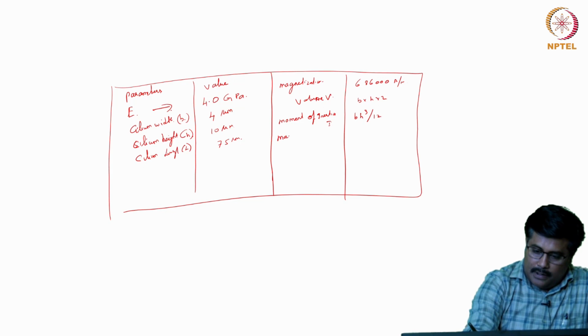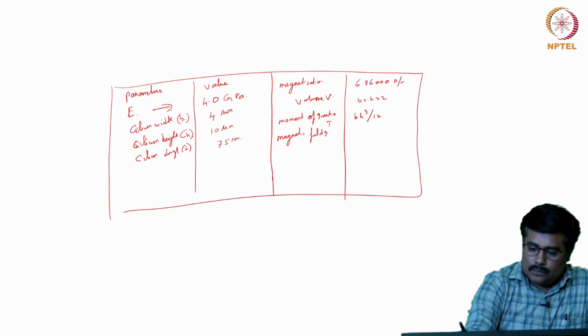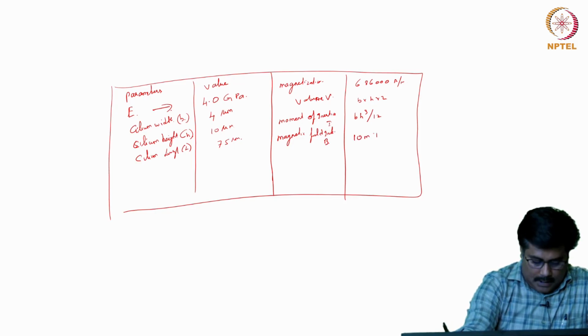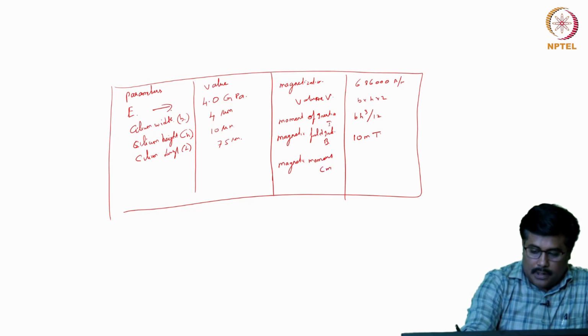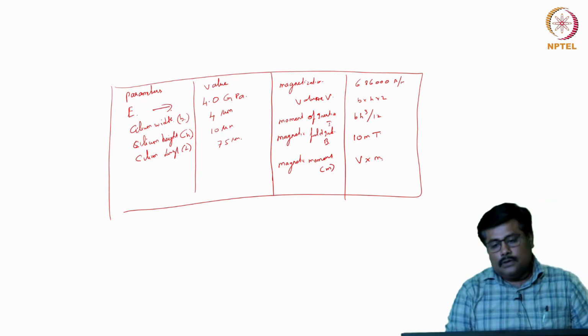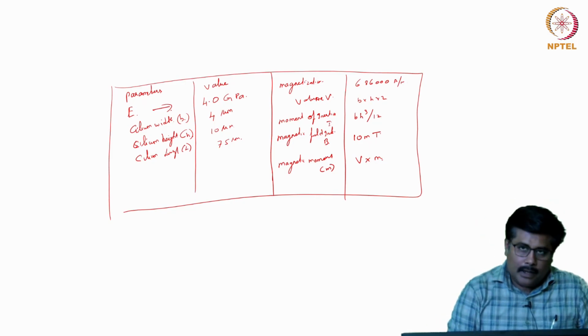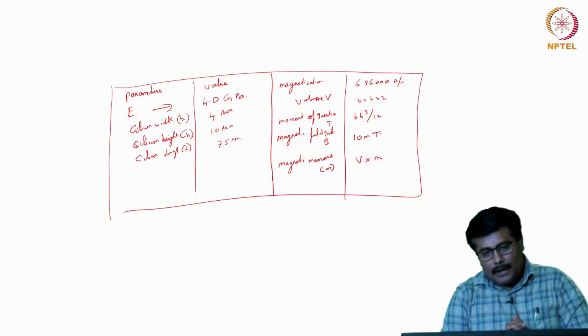The magnetic field intensity B can be represented as 10 mT, and the magnetic moment M is V into M. These are the parameters considered for calculating the actuation force.